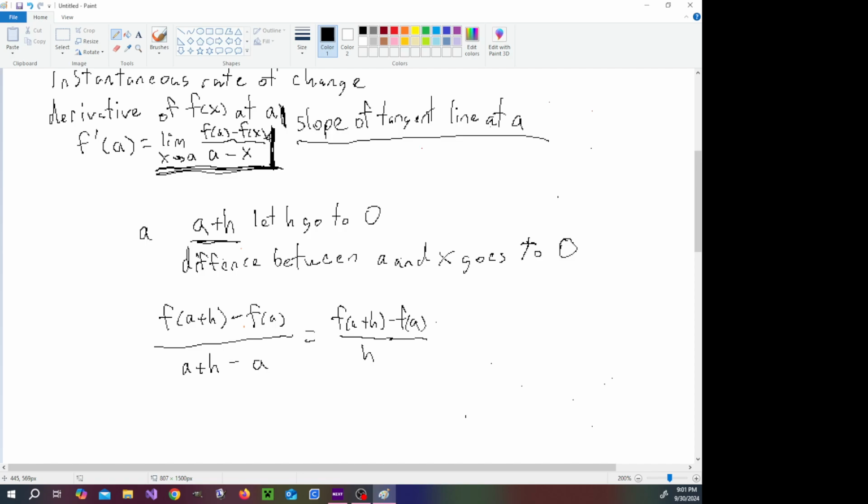So this setup that looks exactly like rise over run actually turns into this setup. They end up being equivalent. If one of them works, the other one works. But again, this is the limit as h goes to 0. So this is a perfectly equivalent definition of the derivative.